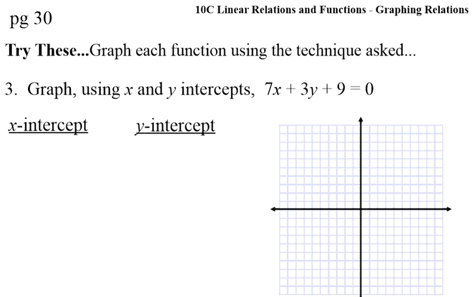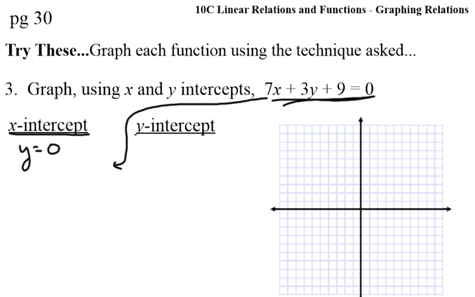So, x and y intercepts. X-intercept occurs when y equals 0. So we take the equation, and I'm going to plug 7x plus 3 times y, which is now 0, plus 9 equals 0. We solve for x.